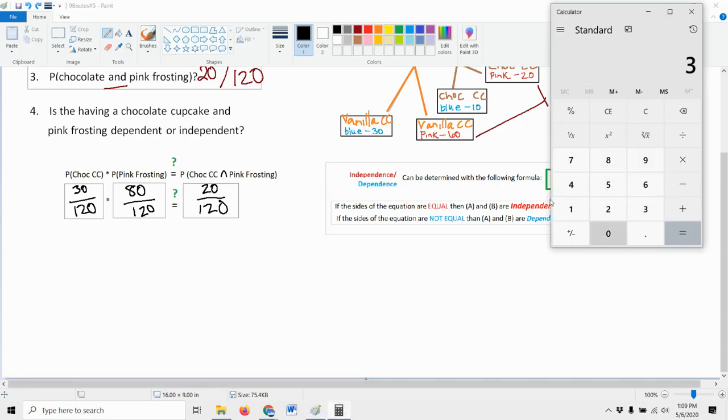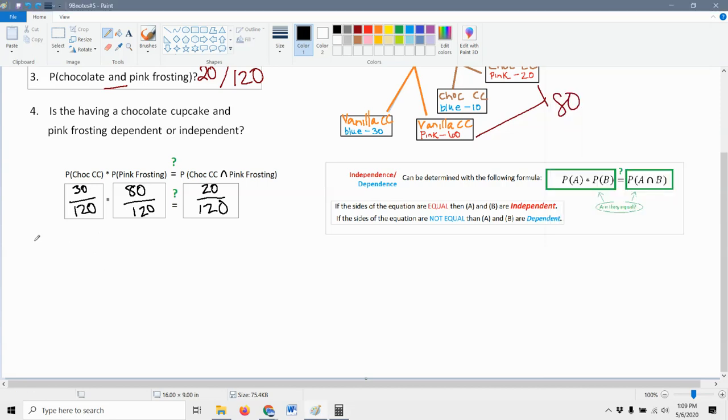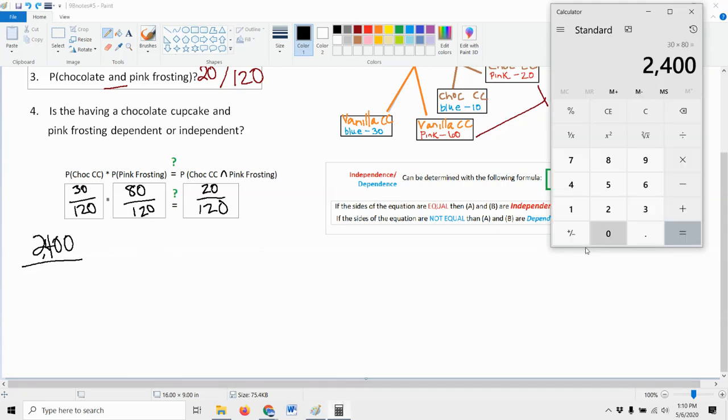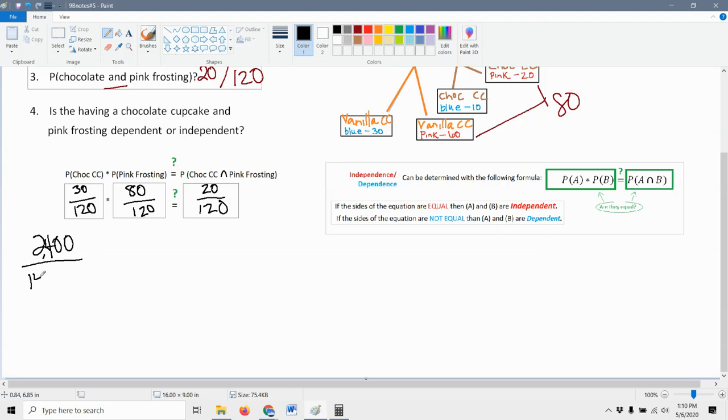When we multiply the top numbers, we take 30 times 80, and that gives us 2,400. Okay? And we're going to put that over 120 times 120, and that's the same as 120 squared, right? When anything times itself. And we'll get 14,400.